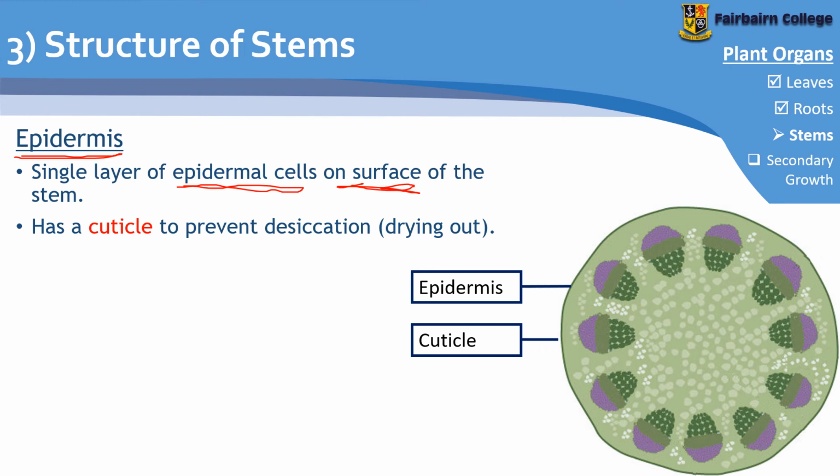In the stem, the epidermal cells do have a cuticle because the stem, just like the leaves, is exposed to the outside environment, so it is susceptible to drying out or desiccation. To prevent that, the epidermal cells secrete a cuticle.